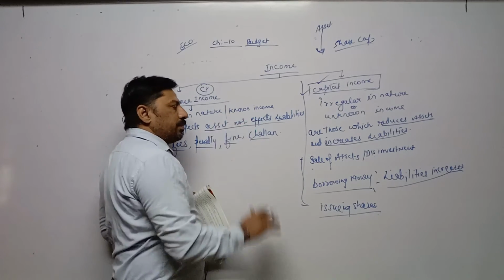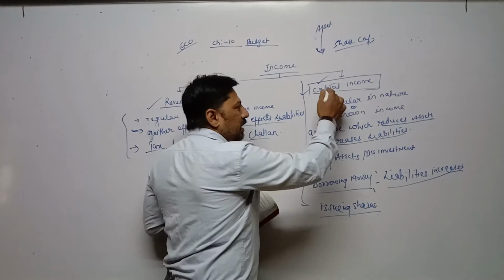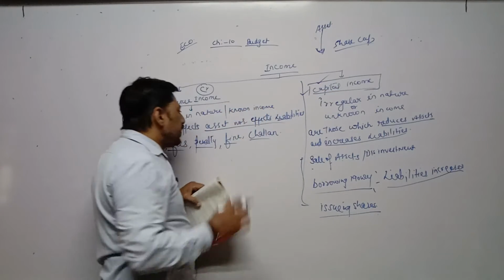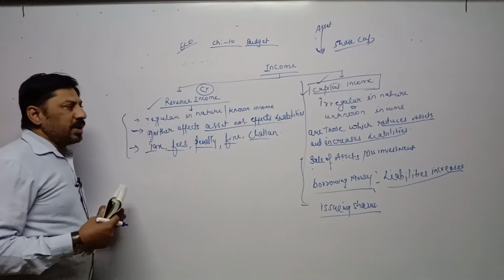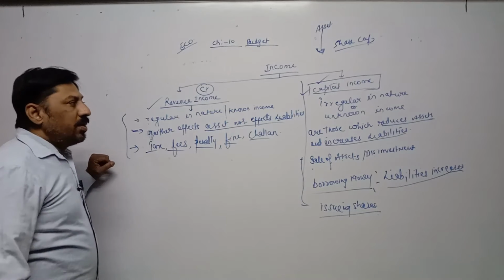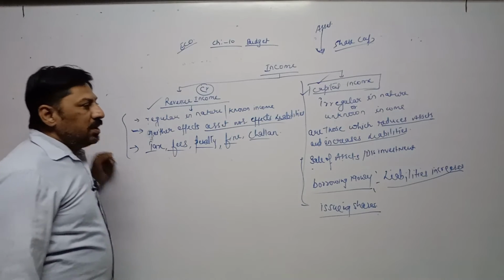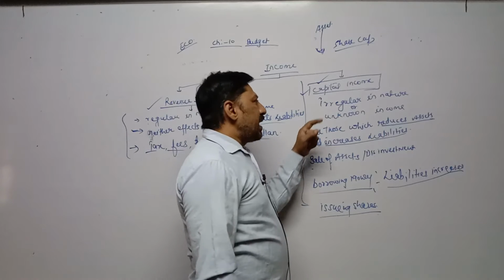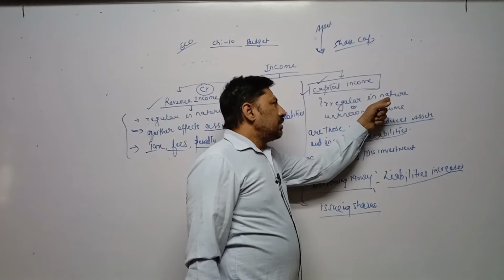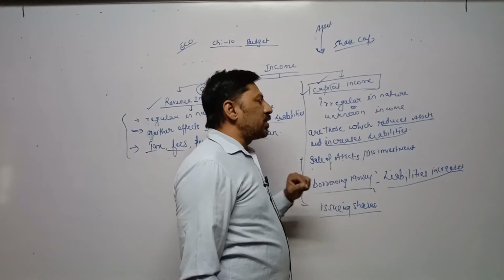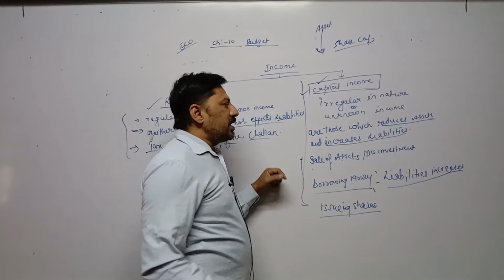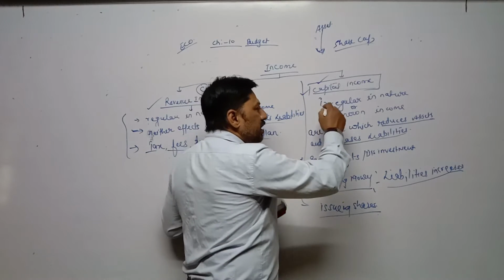It is known income. On the other hand, take the example of capital income: suppose you are selling any property, your house or any fixed asset, for example a vehicle. Whatever money you receive is irregular in nature because every year or every month we are not selling the same property. That's why it is unknown income, irregular in nature.